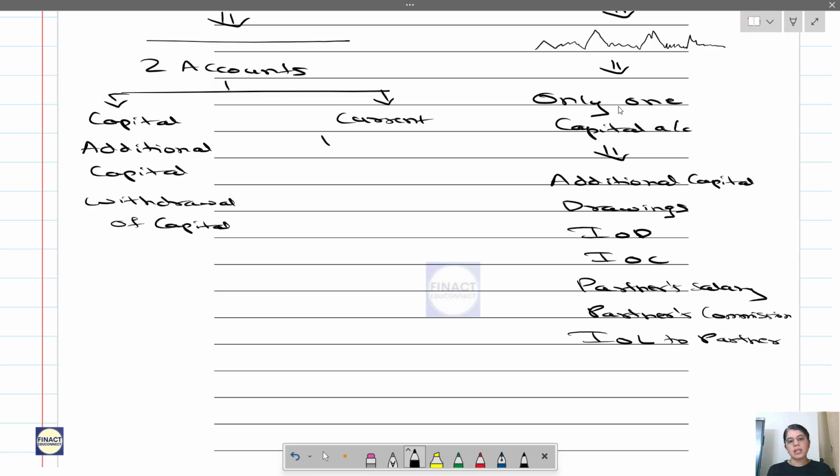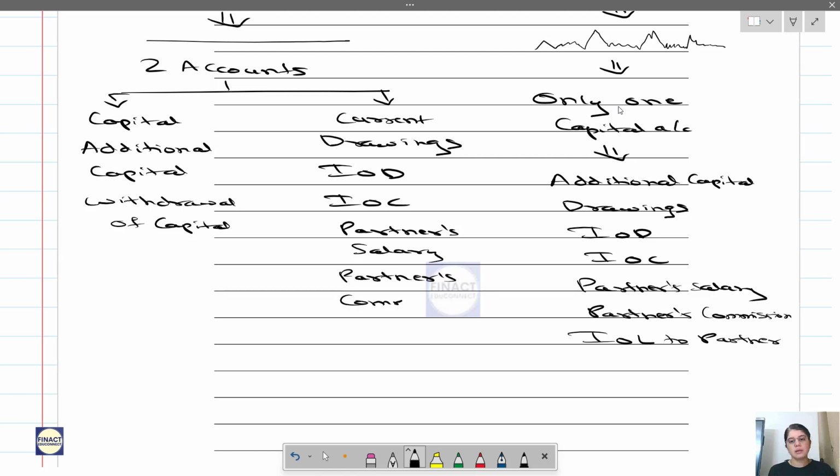So what all transactions will come here? Drawings, then interest on drawings, interest on capital, partner's salary, then partner's commission, then interest on loan to partner. So all other entries will come in current account, and in capital account only additional capital if introduced by partner or withdrawal of capital.